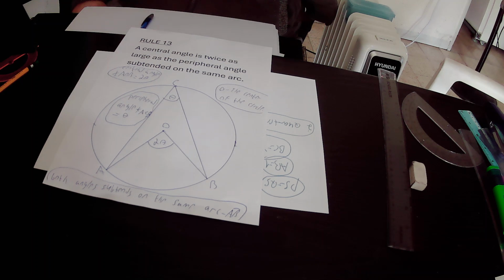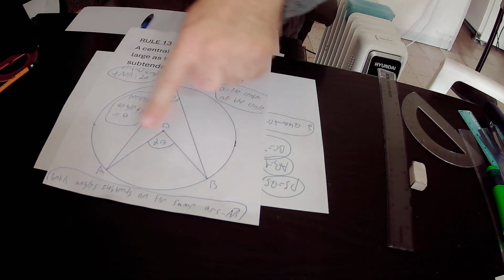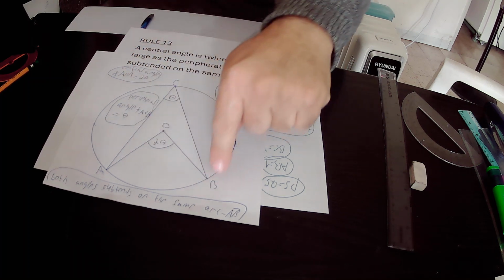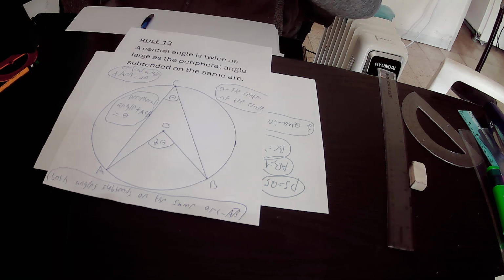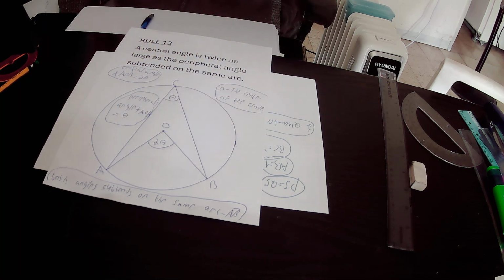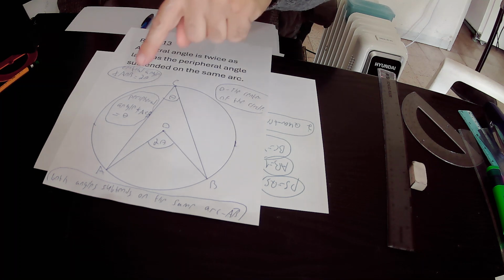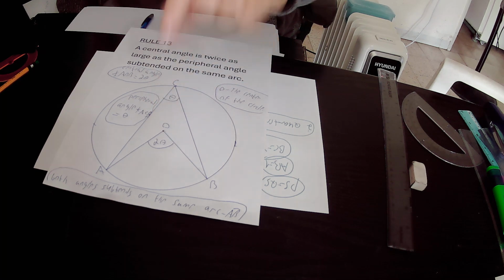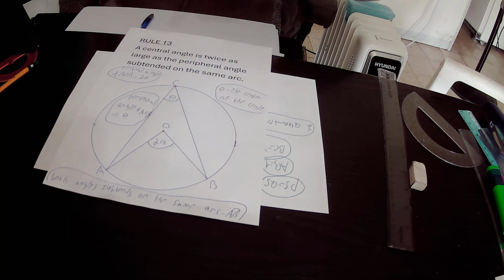Inside this circle we have peripheral angle ACB. This peripheral angle ACB, that is equal to theta in its size, is subtended on arc AB. And we also have the central angle AOB that is also subtended on arc AB. So those two angles are both subtended on arc AB.